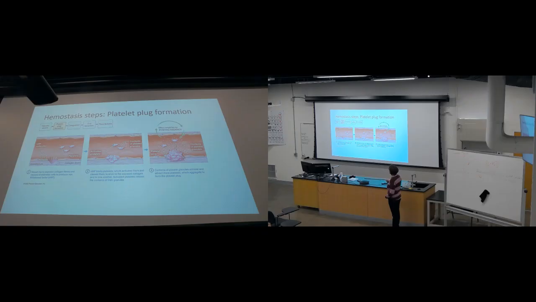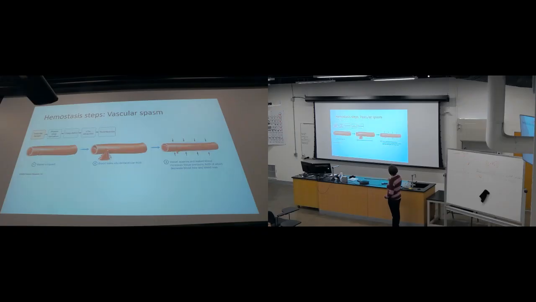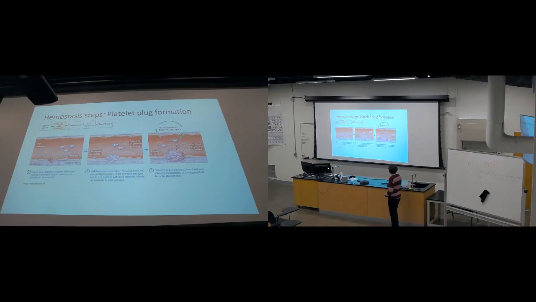So in this case, this is a magnification of an injured blood vessel, and this is the longitudinal section of this blood vessel, so you will be able to see these endothelial cells, and this is part of the background of the wall.